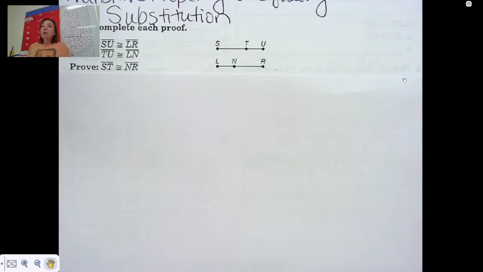All a proof is, is us making an argument to prove something's true by telling you all the things we know that make that true. That's all a proof is. It's just an organized way to put your thoughts of how you know something down in order and tell me why you know that.